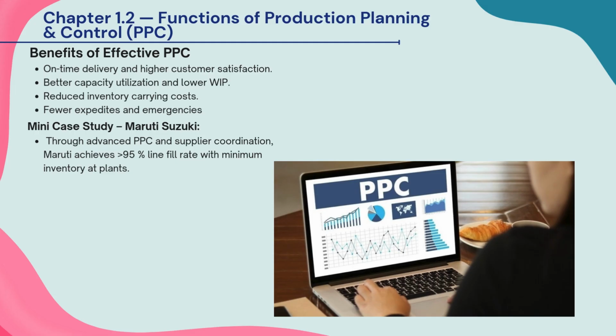With smoother operations, organizations face fewer last-minute expedites and firefighting situations. A strong example is Maruti Suzuki, where advanced PPC practices and tight supplier coordination enable the company to maintain more than a 95% line fill rate while keeping planned inventory to a minimum.